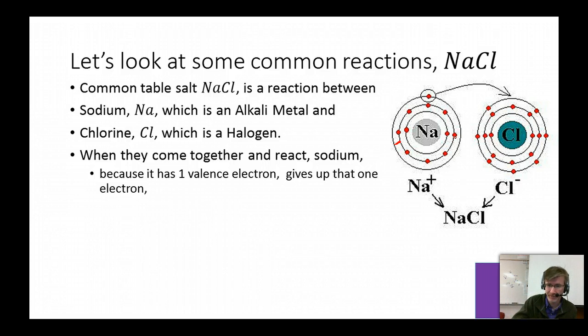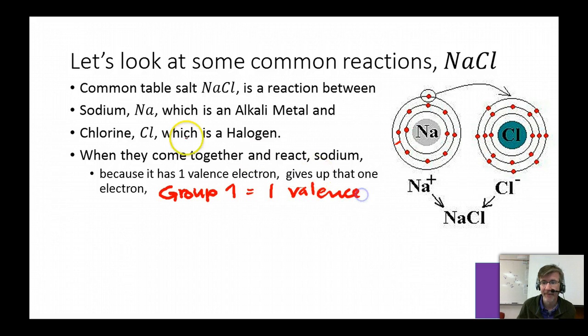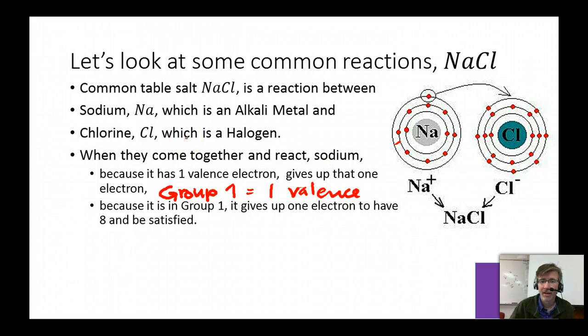Group 1 equals 1 valence electron. It will give up that 1 and then have 8, and it'll be totally satisfied. So sodium's going to give up 1.